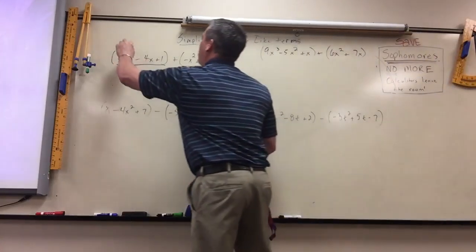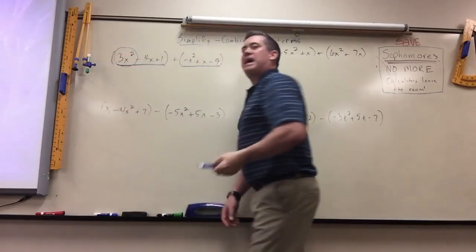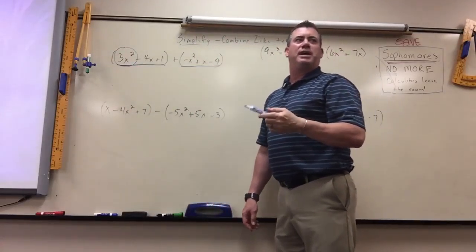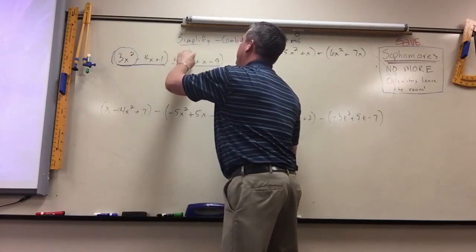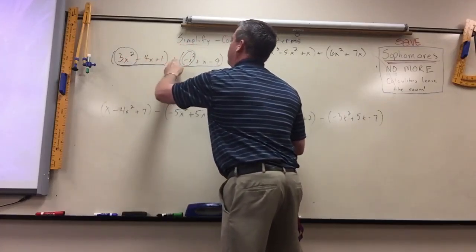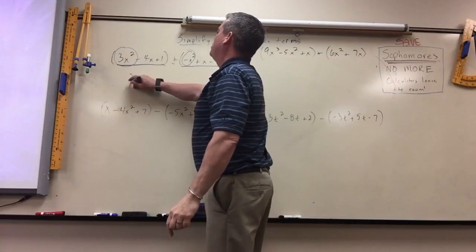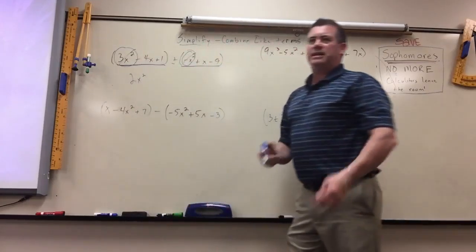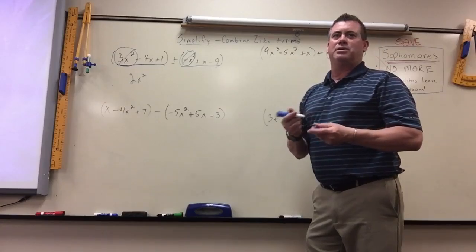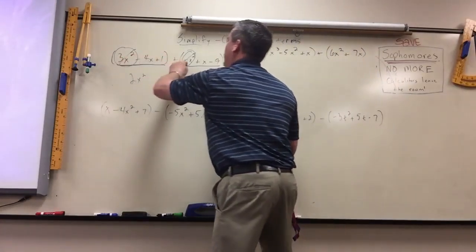Okay, so all you gotta do is exactly what it tells you. There's 3x squareds plus a negative x squared. 3 plus a negative 1 is 2. So there's 2x squared. But you don't really need to do the plus minus. When it's plus, you can just look at the signs. 3 minus 1.